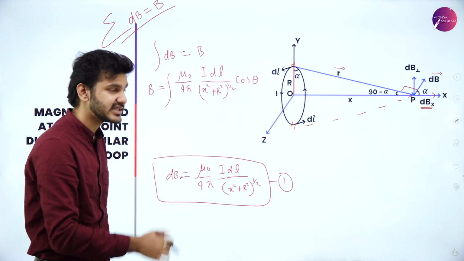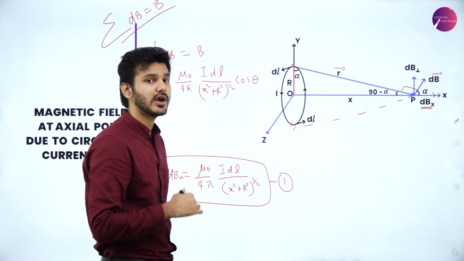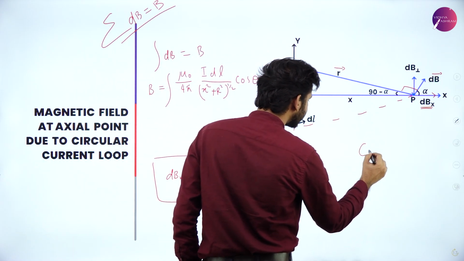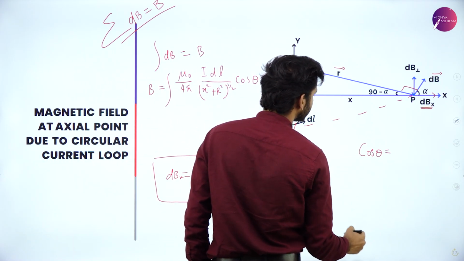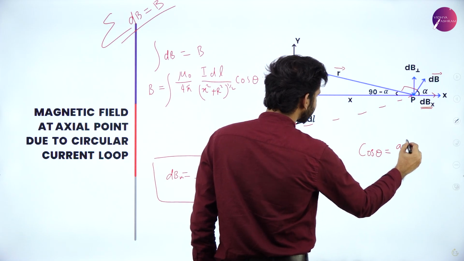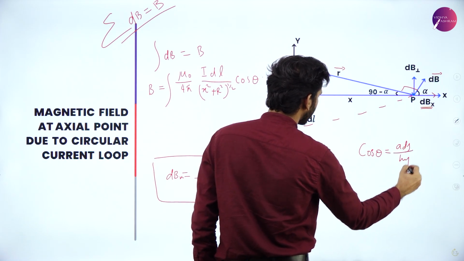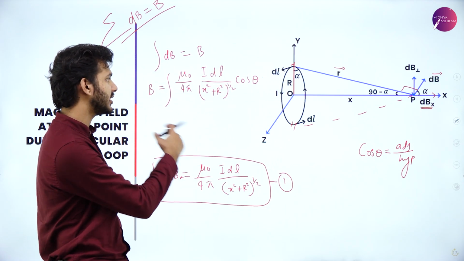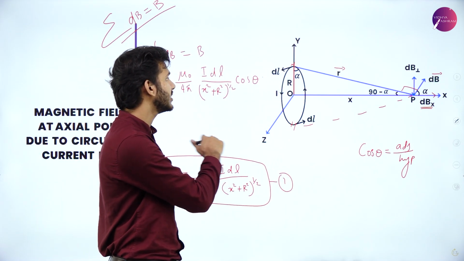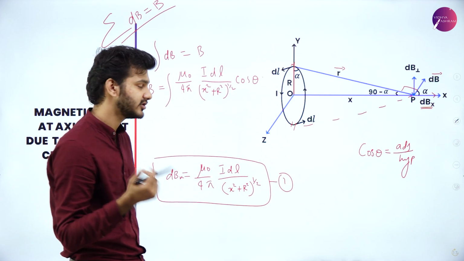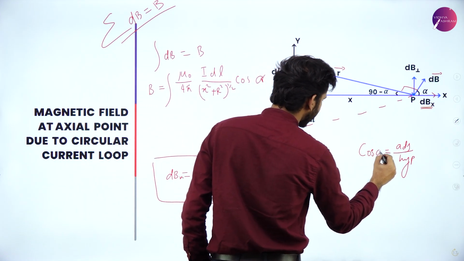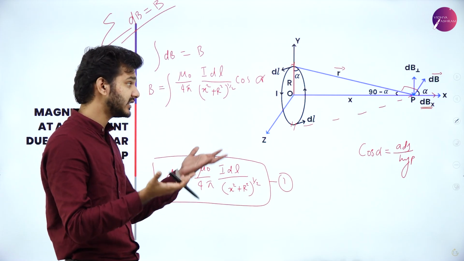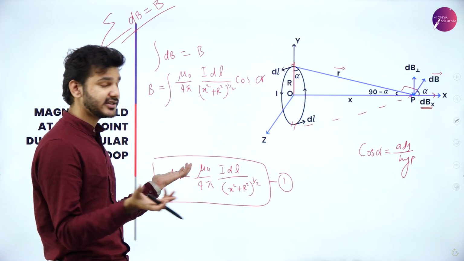Now from this, instead of cos theta, we are going to represent that in another sense, that is cos theta is equal to adjacent side divided by hypotenuse. So what is the adjacent side of this particular cos theta? Not cos theta, here it is alpha, so it is cos alpha. It does not matter if you are taking alpha, theta, gamma, whatever it is, the theory still holds.